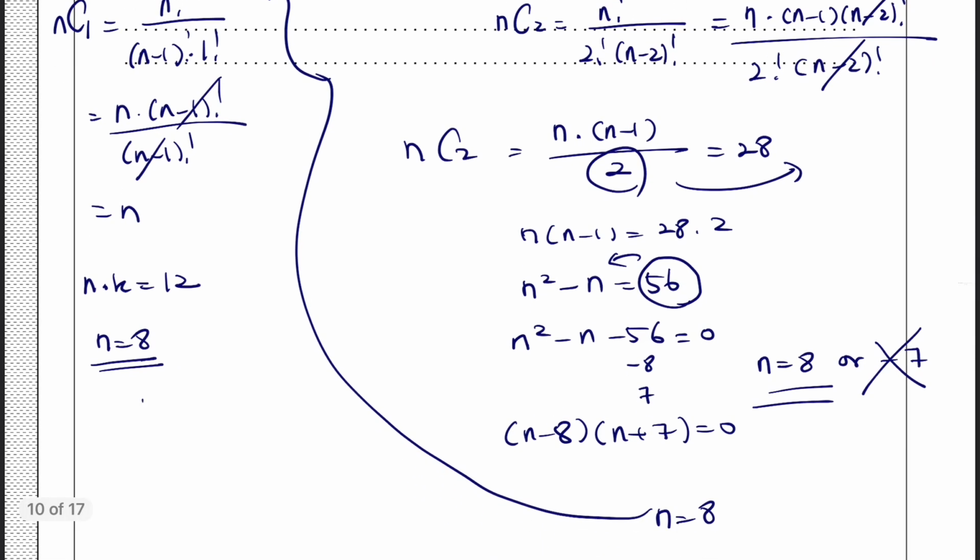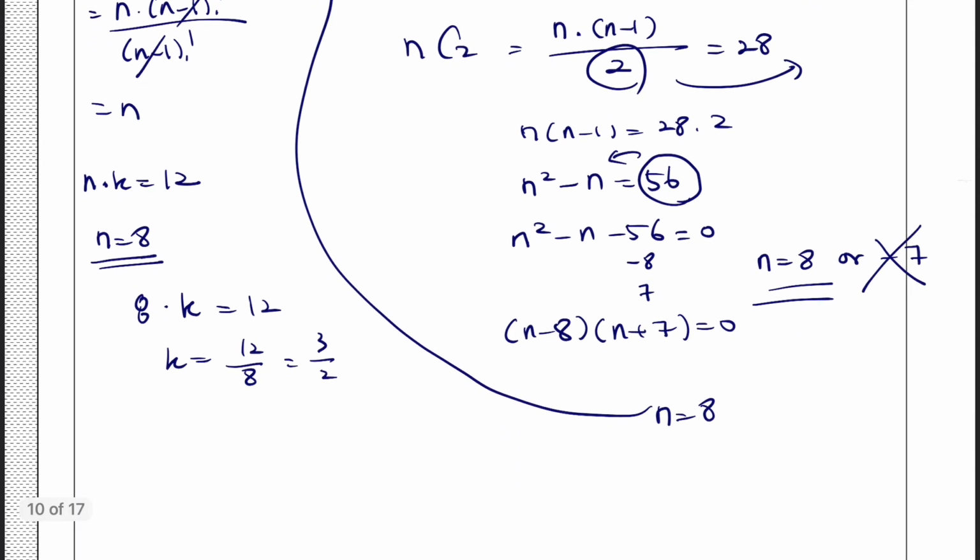Substituting 8 into n gives us 8 times k equals 12. So k is the same as 12 over 8, which is the same as 3 over 2. So we can say that the n value is 8 and the k value is 3 over 2.